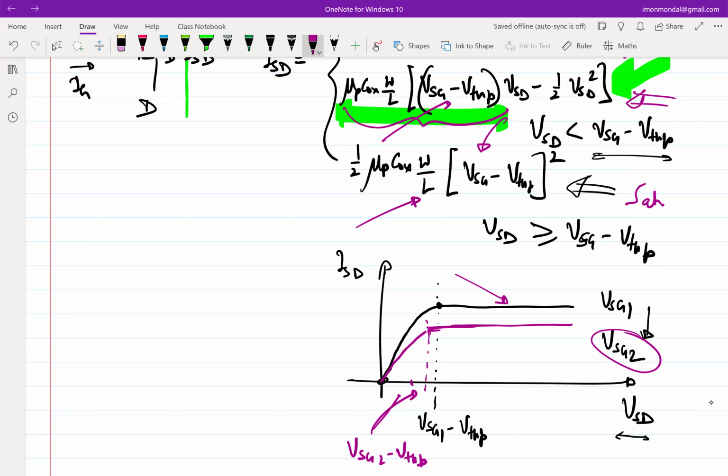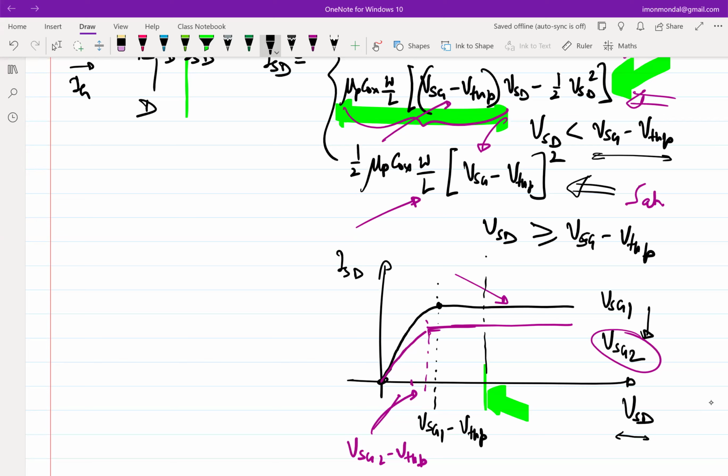Now, the issue becomes, let's say I bias my transistor somewhere over here. The operating point is in my control. I choose the operating point somewhere over here, for this value of VSD. Then depending upon the value of VSG, the source to gate voltage, I can decide which curve I should select, or rather, at what current I should bias my transistor.